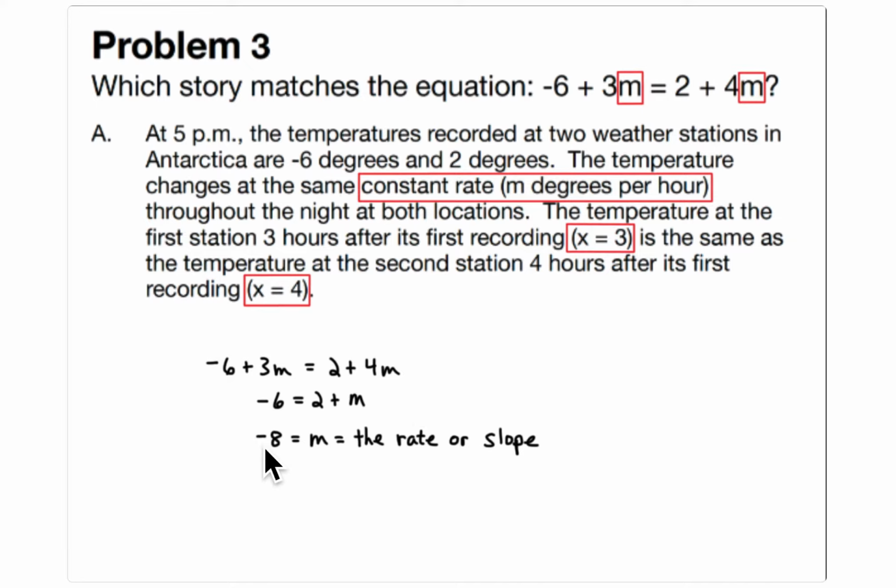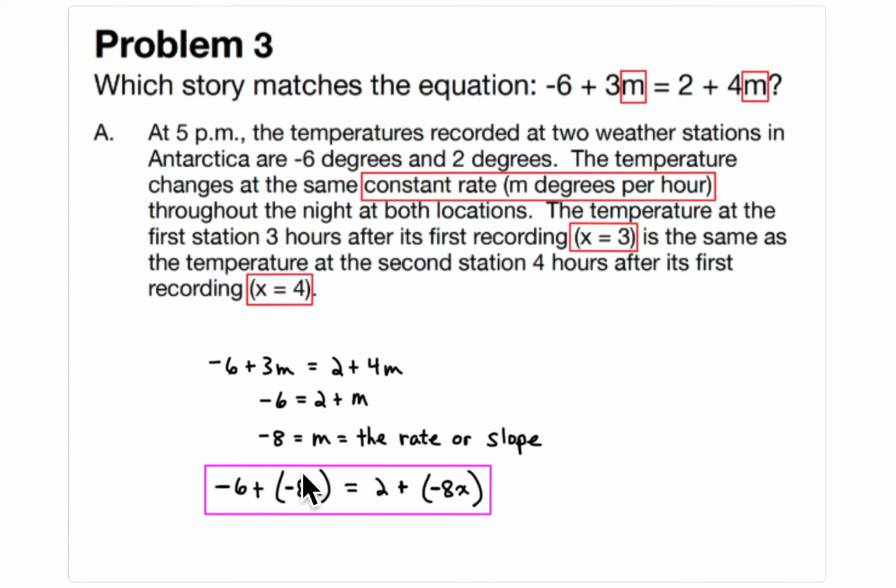But you can use that -8 as the common slope, and then rewrite the equation using x and -8 as the slope. So this is -6 plus -8 times x. So on this side, that x is going to be 4 hours. 2 plus -8 times x. On this side, that x is going to be 3 hours to make them equal on both sides.